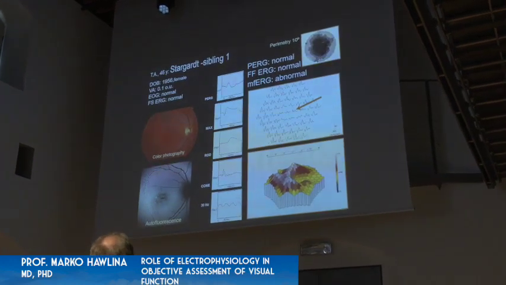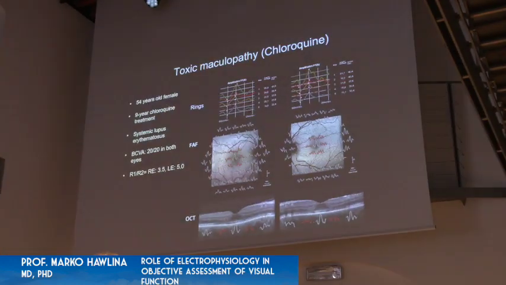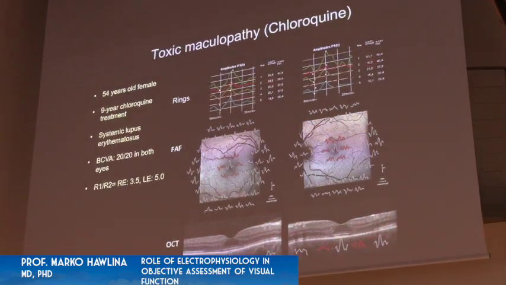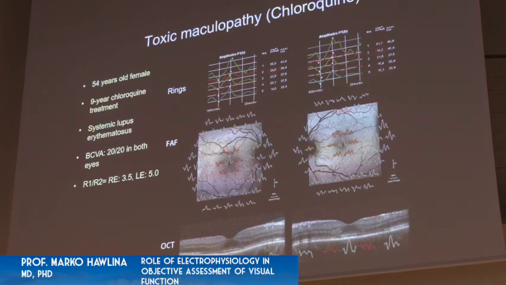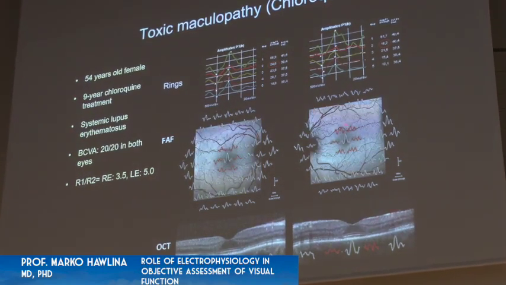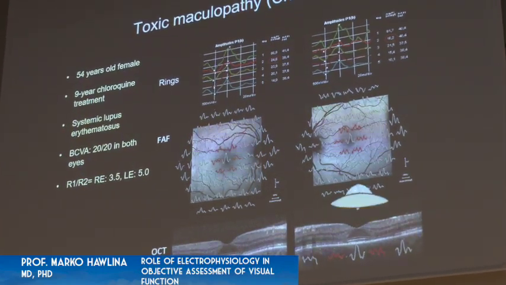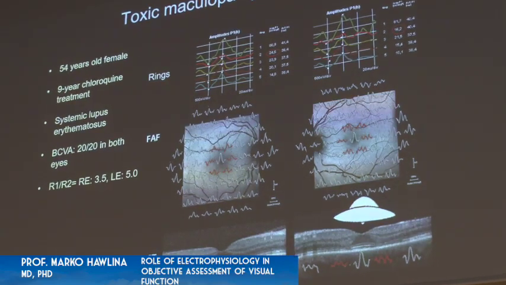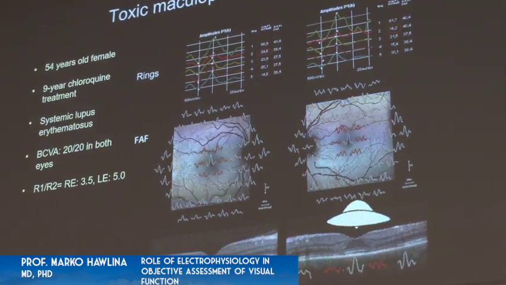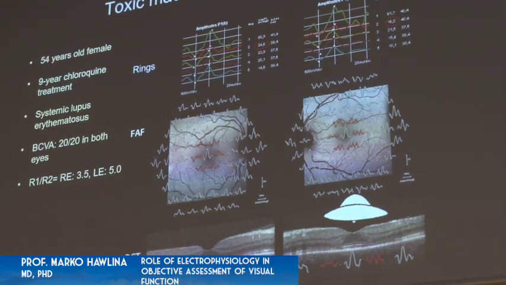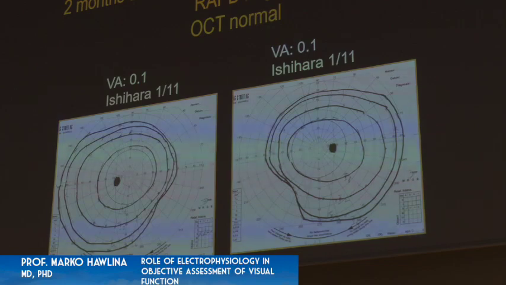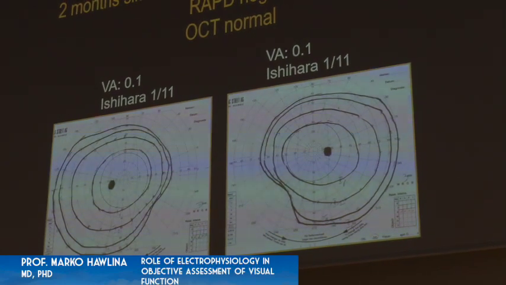So you need multifocal ERG to show you this. And if you have toxic maculopathy caused by chloroquine, for example, you will see these reduced responses around the macula here. This is what we usually call a flying saucer sign in the toxic maculopathy caused by chloroquine.